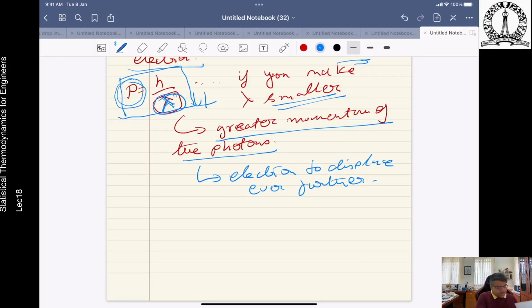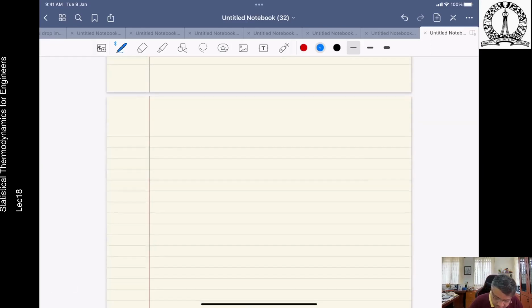This sets the stage for Heisenberg's uncertainty principle, again a cornerstone of quantum mechanics.